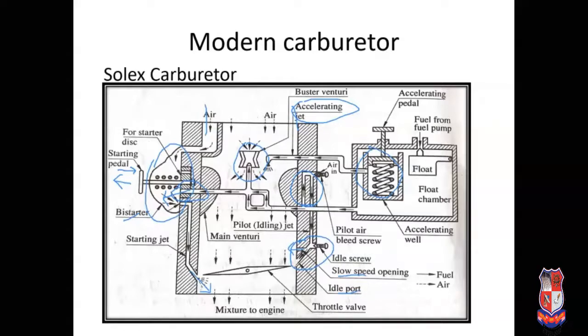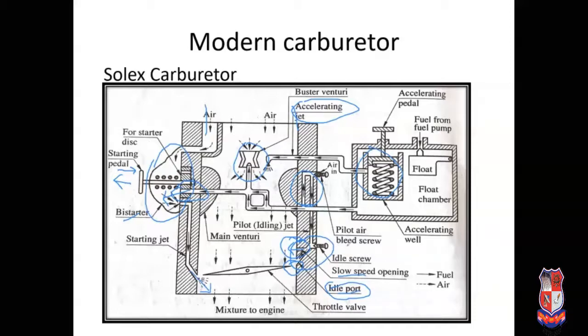During the idling condition, the throttle valve is partly open. At that time, vacuum is created in this area. Due to the pressure difference, additional fuel is supplied through this idle port. When the engine speed increases, the fuel is supplied through this slow speed area, the slow speed jet, we can say.